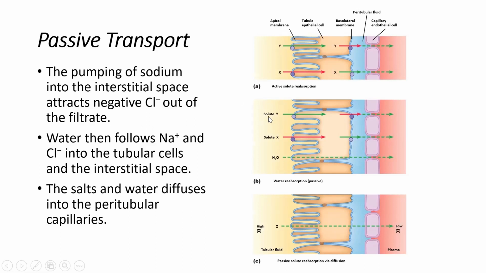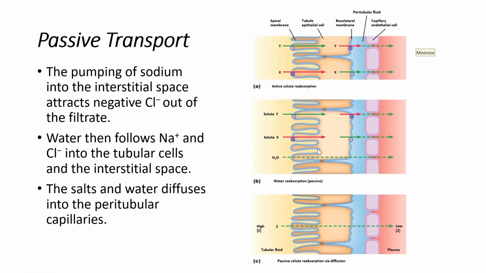So what mechanism uses the passive energy liberated by one ion movement or one molecule moving and moves another molecule against its concentration gradient? Excellent, thank you. So secondary active transport, that's perfectly correct.